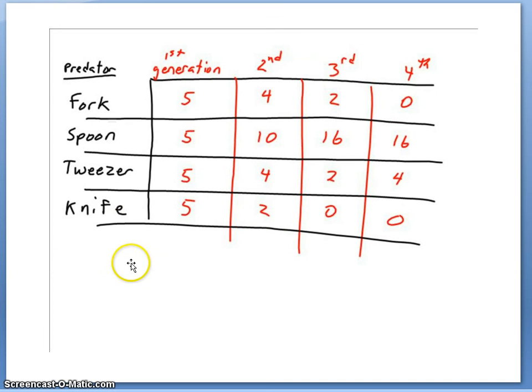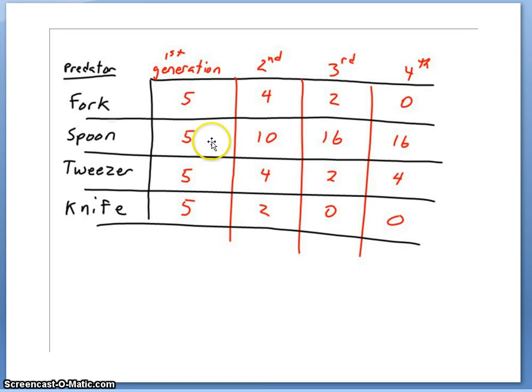If we were keeping track, we would notice numerical changes in the populations. So each type of predator was equally present in the first generation, 5 of each, let's say. But over time, after second generation, third generation, fourth generation, we would see the numbers changing. So for example, the knife and the fork, those variations disappeared from the population.